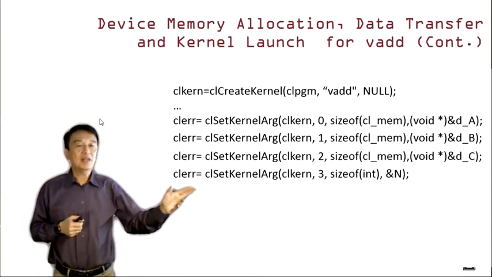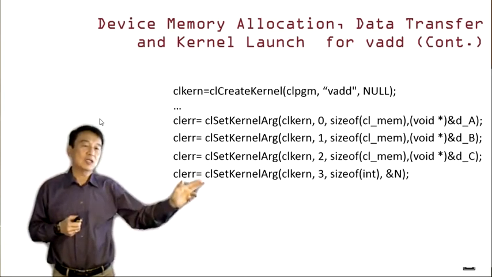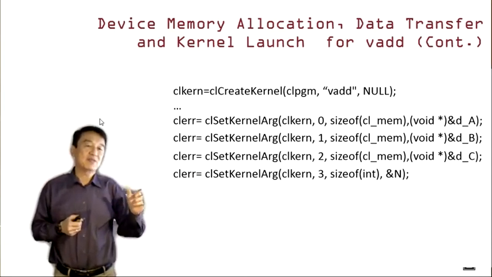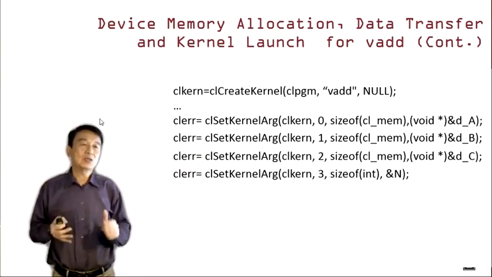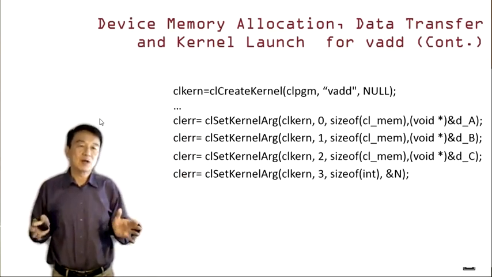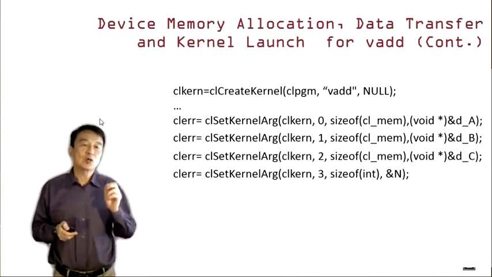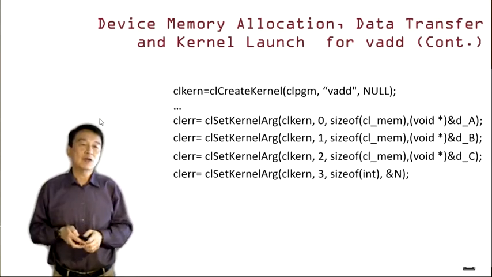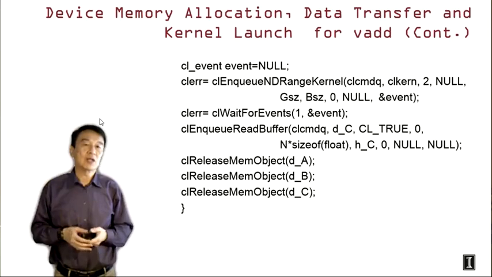Finally, we also need to pass the address of the variable that gives the length of the vector. These are the four arguments that we were passing into the CUDA kernel function. Here we just need to use four individual kernel argument setting functions to set these parameters into the runtime, and then we can launch the kernel.